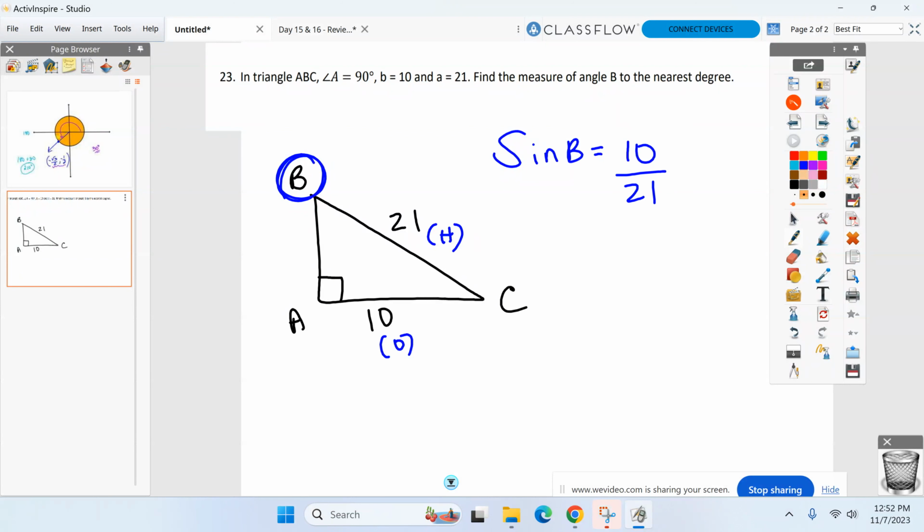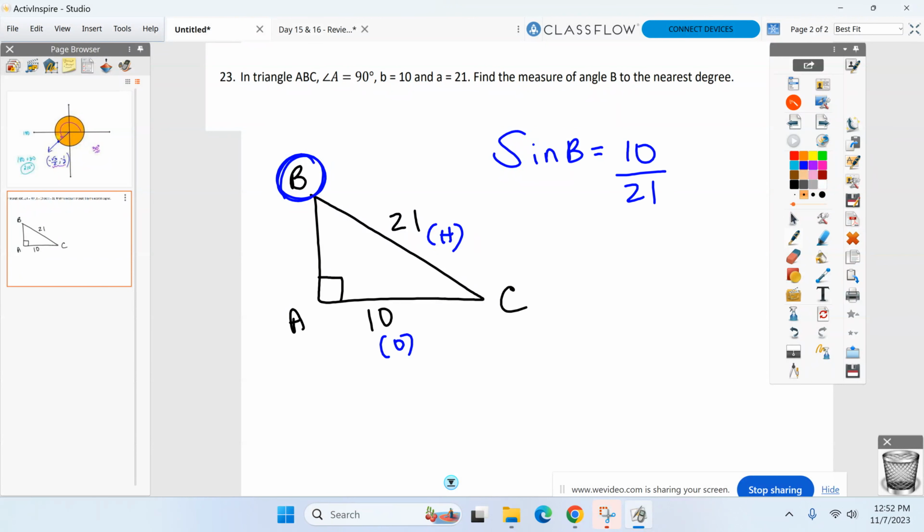We've only been one place to find the angle. Where on your NumWorks calculator can you go? Equations, all right? I type in sine x equals 10 over 21. Now be careful. What are you going to put for the restriction here? You're inside a triangle right now, and you already know that angle's 90. So that angle's got to be between 0 and 90.